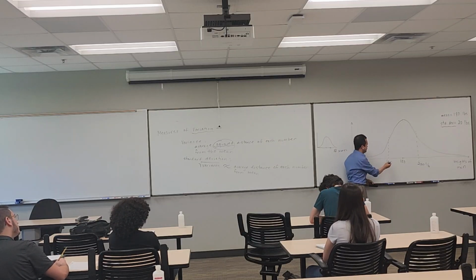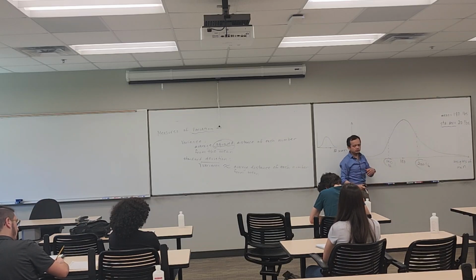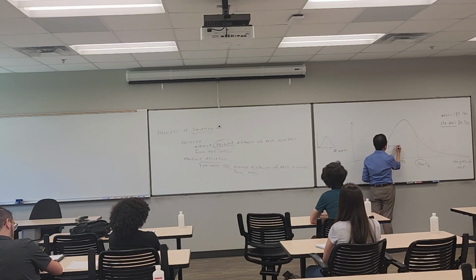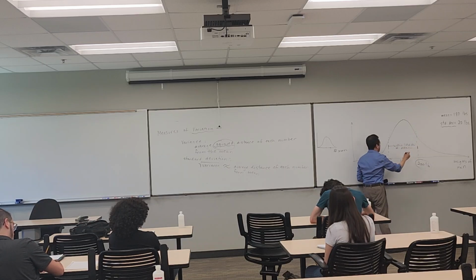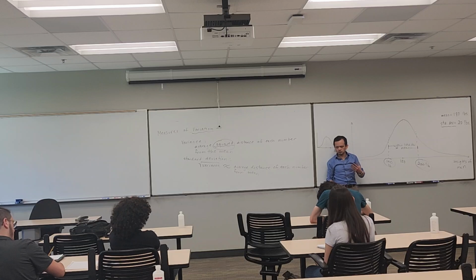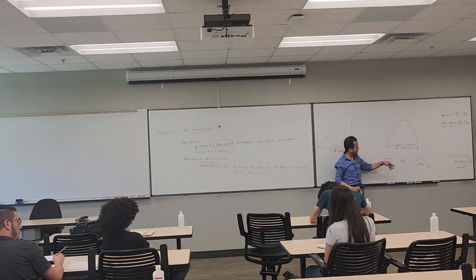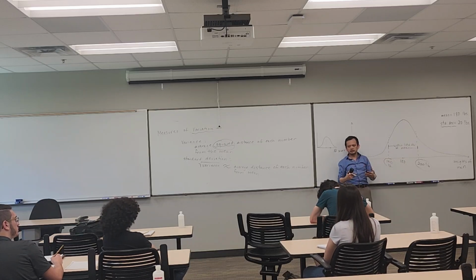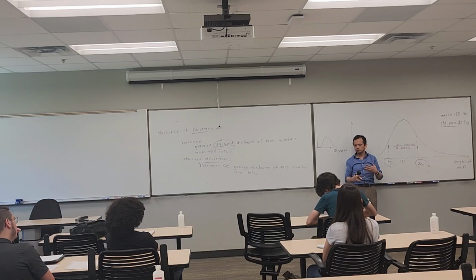So all these values between 160 pounds and 200 pounds represent values within one standard deviation of the mean. And for variables distributed in a bell curve, like weights of men in this case, there's a relationship that all values within one standard deviation of the mean constitute a certain fixed percentage.